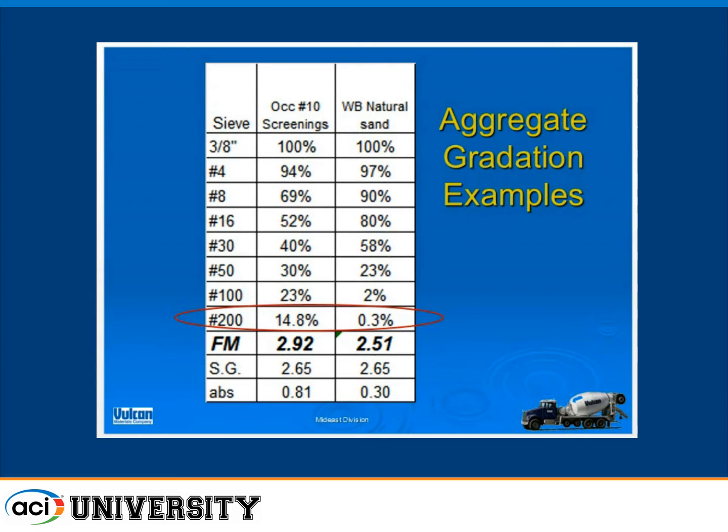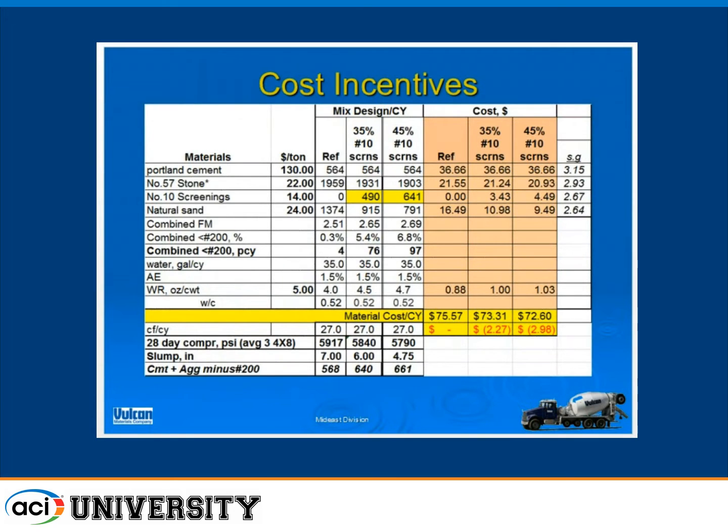Look at the difference in fineness modulus: number 10 screening is obviously 2.92 on the FM, which is very much coarser than the natural sand at 2.51. One would argue that this sand here is actually a lot finer, perhaps finer than ideal. The marriage of these two materials actually produces a very good combined fineness modulus.